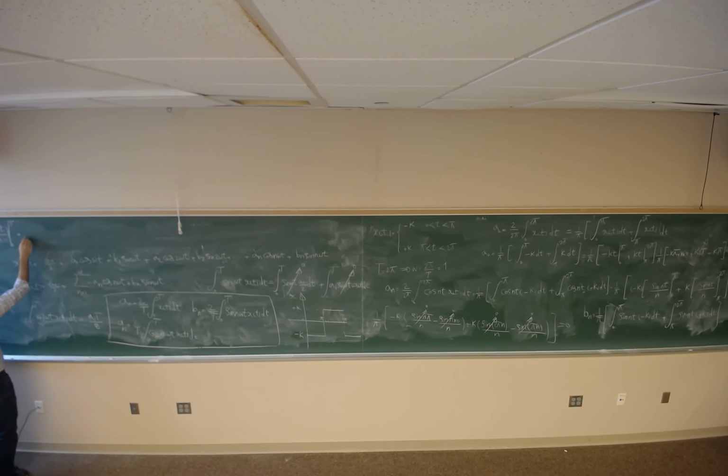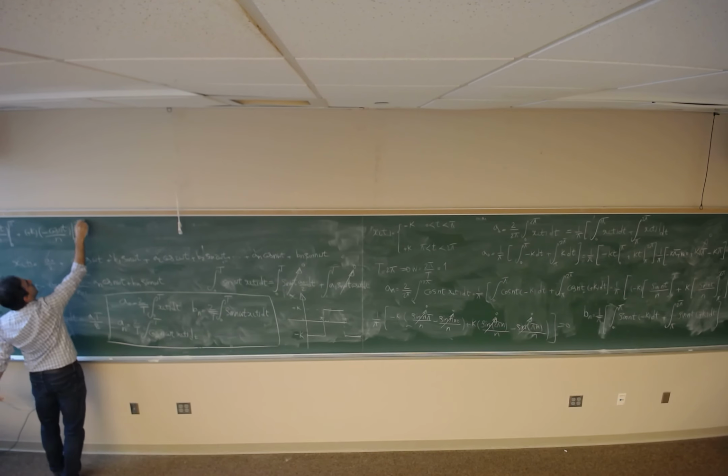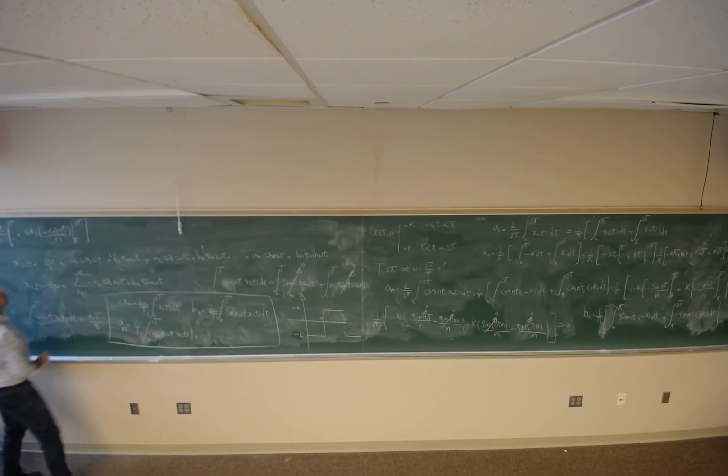Plus the second integration is going to be positive k times negative cosine of nt divided by n, where time goes from pi to 2 pi. Good?